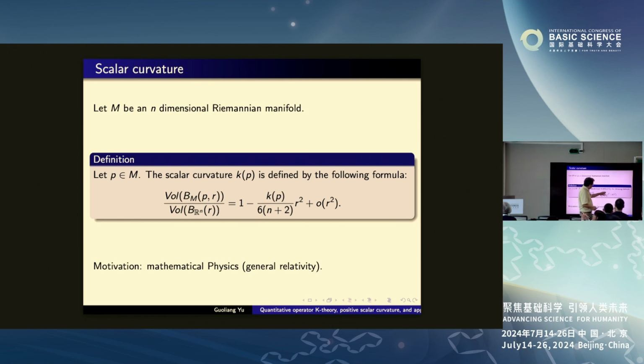is the scalar curvature. If the scalar curvature is positive, locally it means the volume of the small ball is smaller compared to the Euclidean ball of the same size. If it's negative, then it's bigger. So it's very intuitive. It's probably the most intuitive curvature concept in geometry.